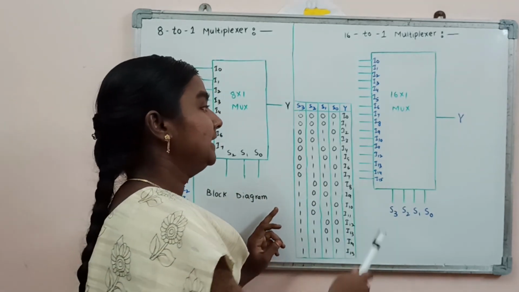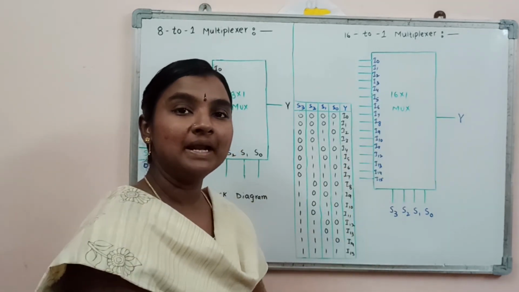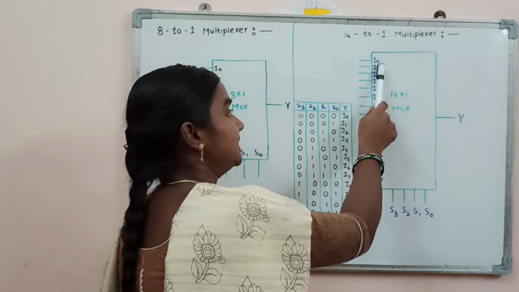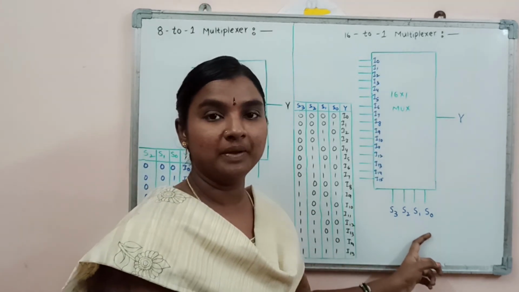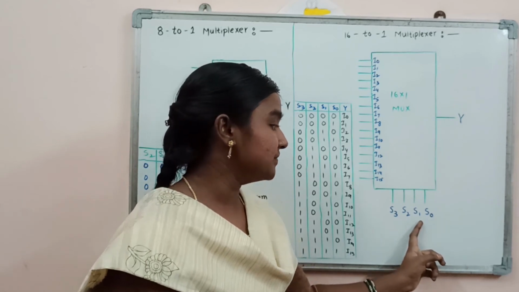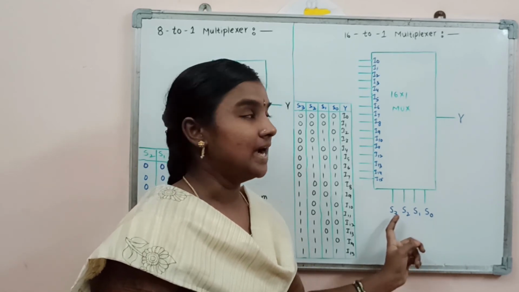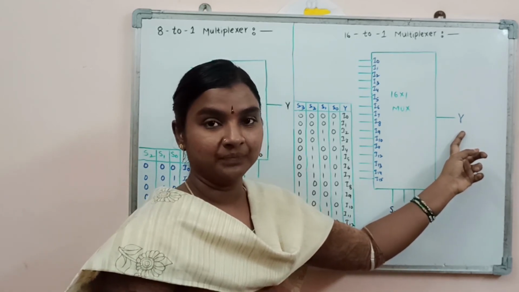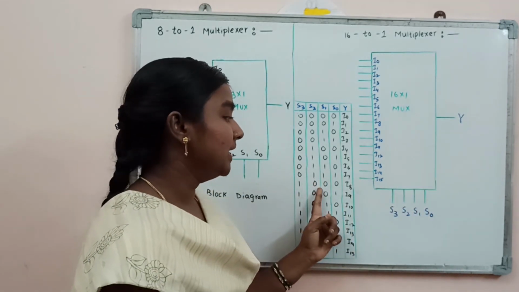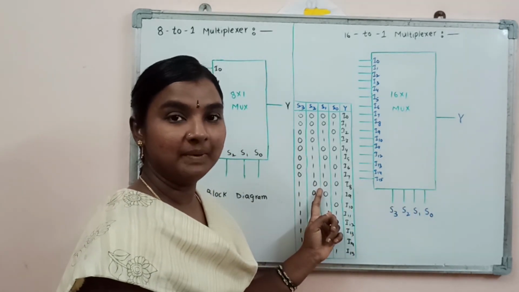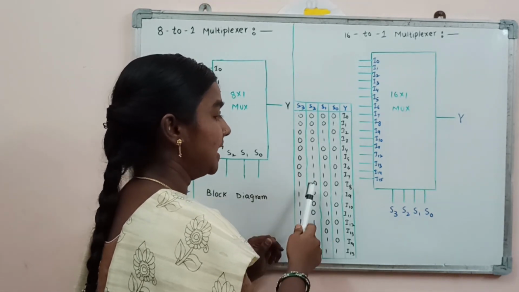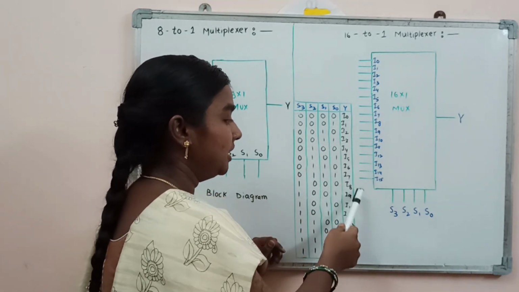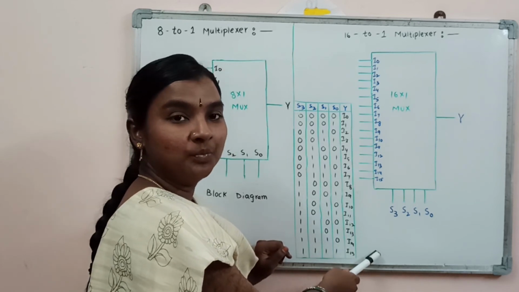Here it consists of 16 input lines from I0 to I15, and the selection lines are 4, S0, S1, S2, S3, and the output is Y here. Now this is the function table regarding the 16 to 1 multiplexer. Based on the binary information on the selection lines, particular inputs can be transmitted to the output side.